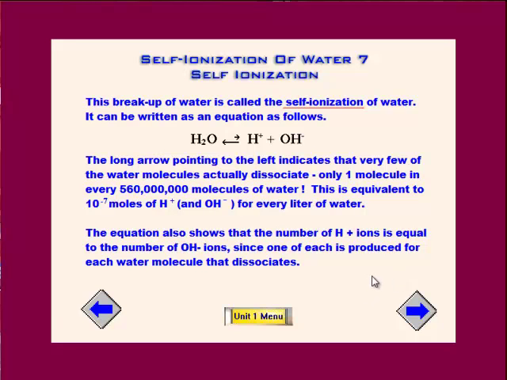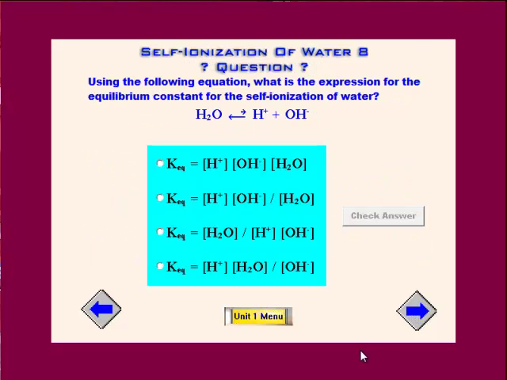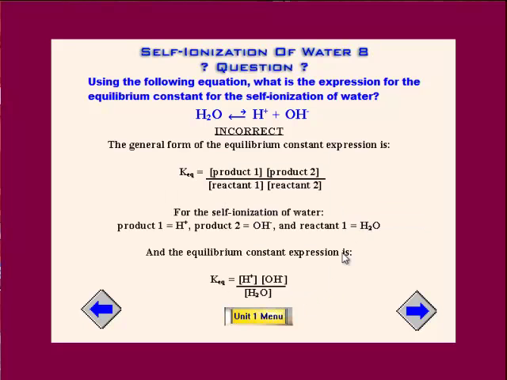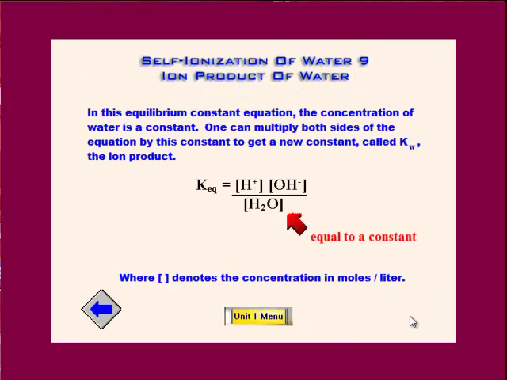So this little demonstration makes the case of how few molecules actually break down into H plus and OH minus ions. There are often little questions that you can ask to see whether the students understand what's going on, and then of course there's the answer.